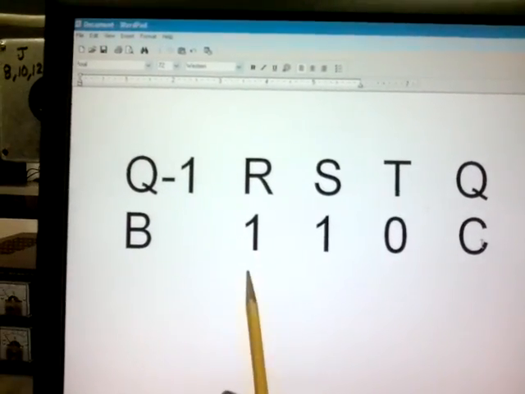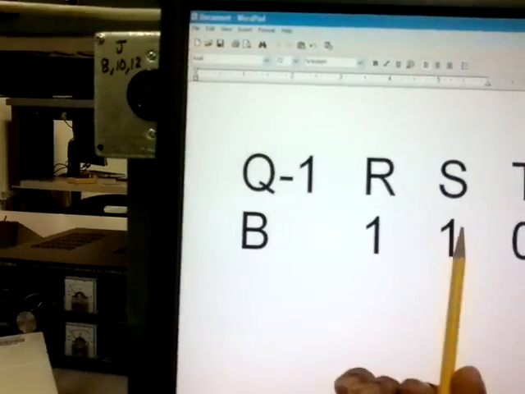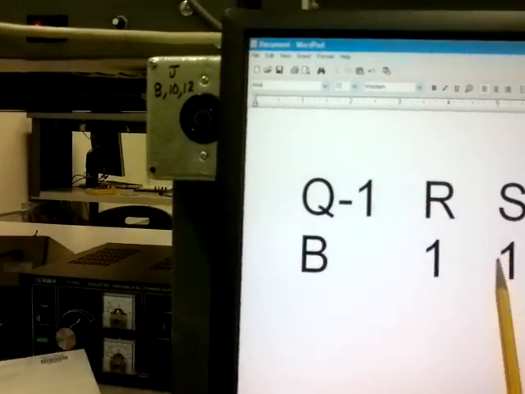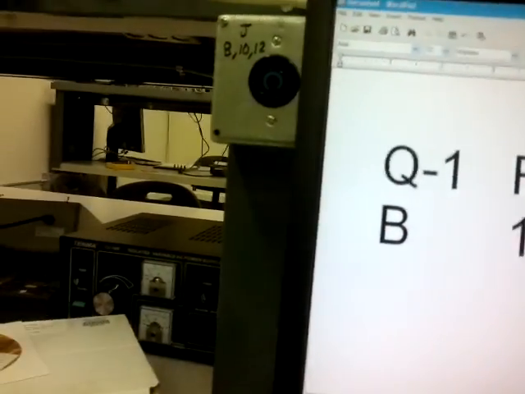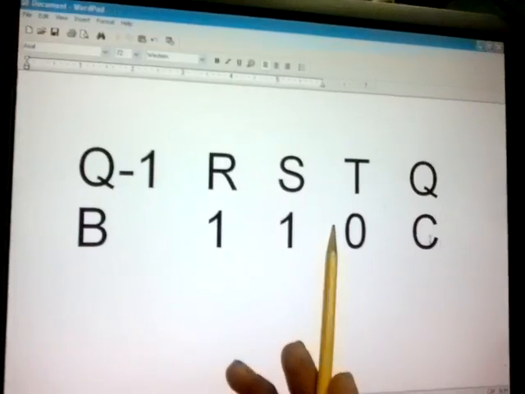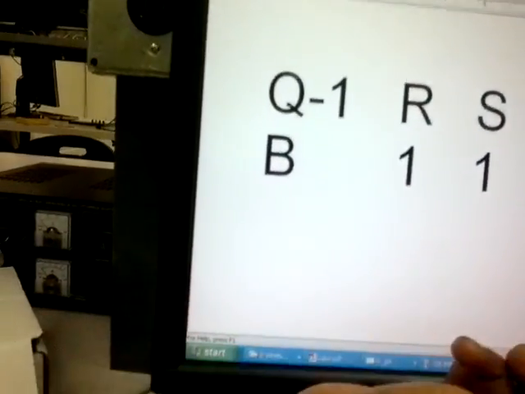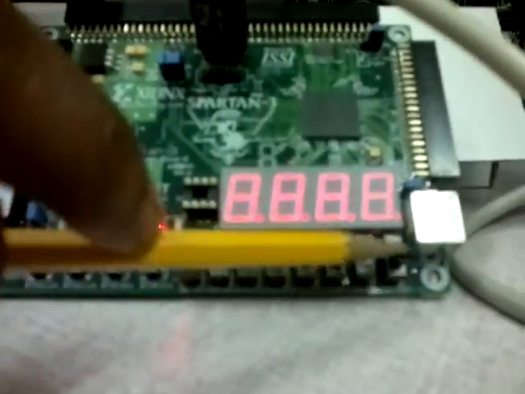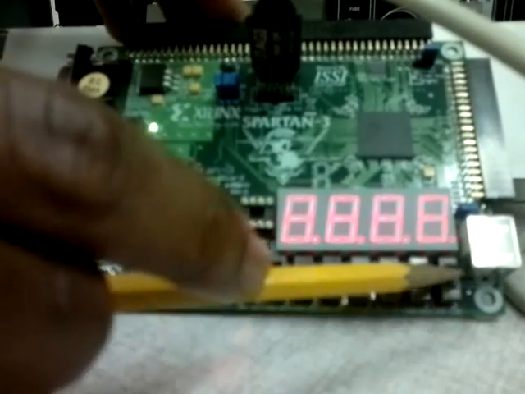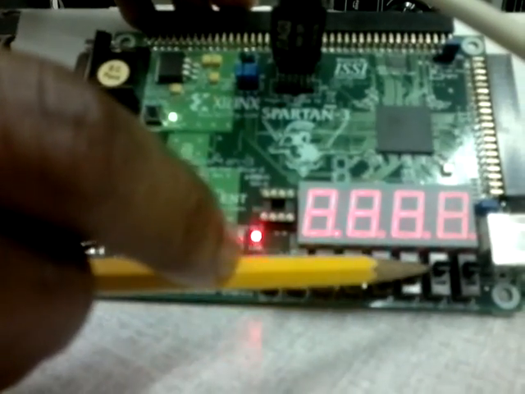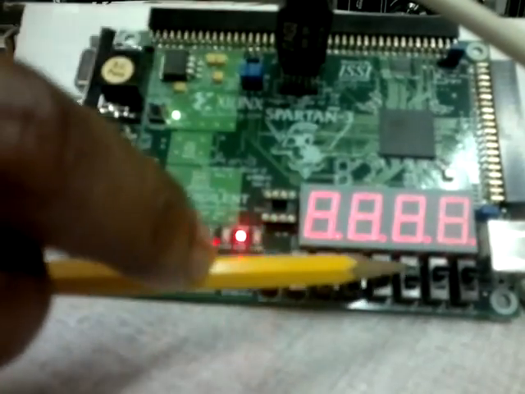And over here on the monitor, we see R being high. S and T are don't cares, but in this instance, we used a high for S and a 0, which is a low, for T. And on the Spartan board, we have R being high, S being high, and T being 0.